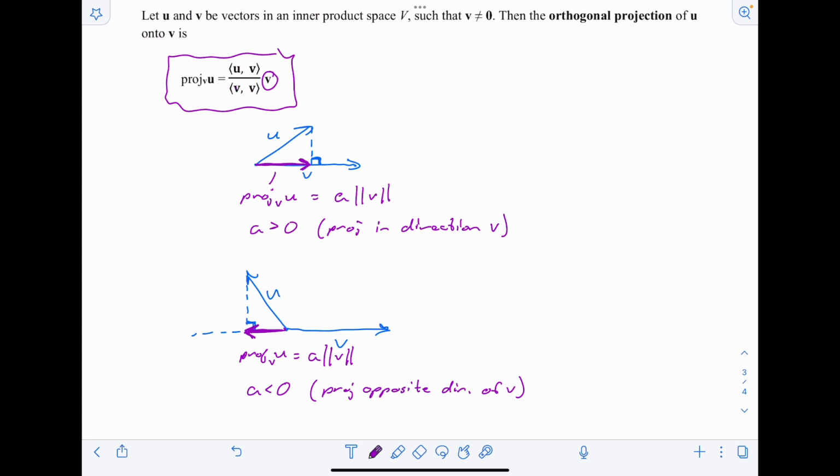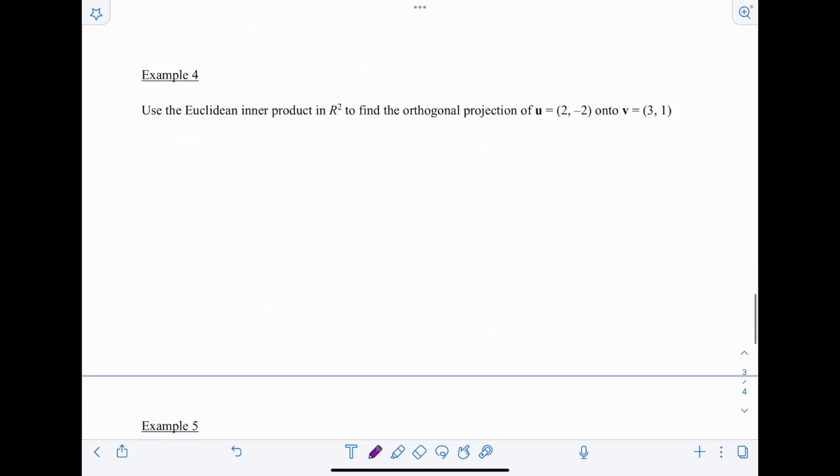So that whole fraction is just a scalar, and then we multiply the vector V by that scalar. That's going to give us this projection, this vector that is a projection. So how exactly does this look?